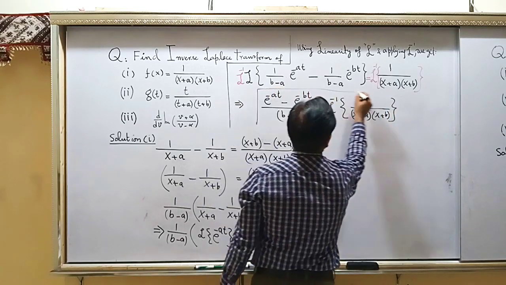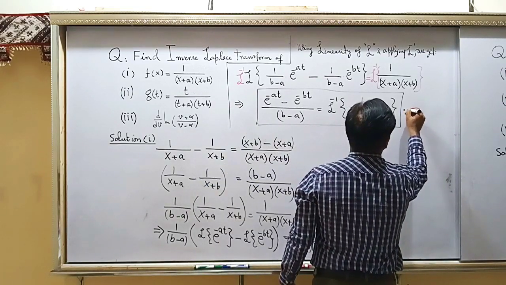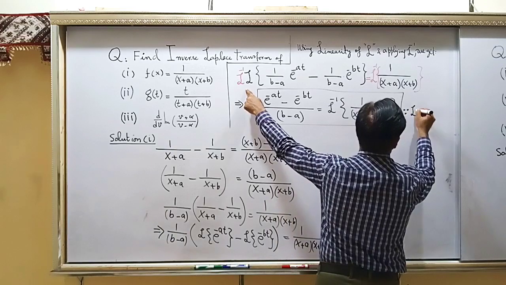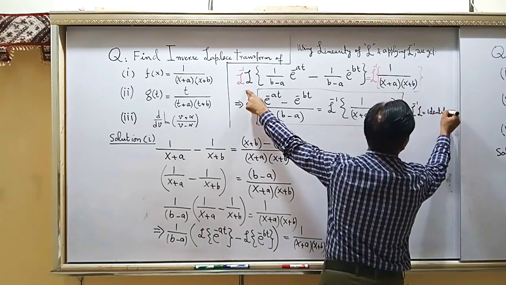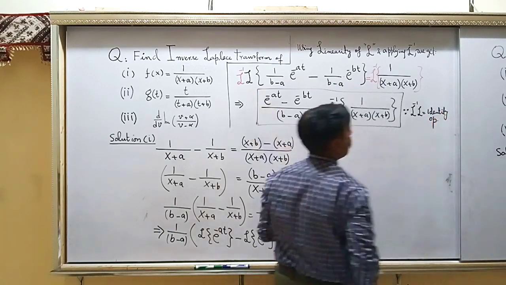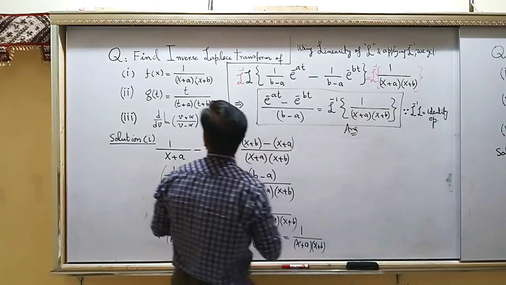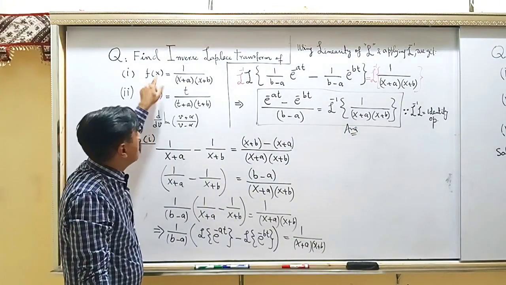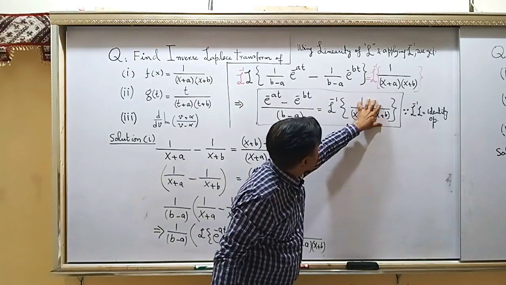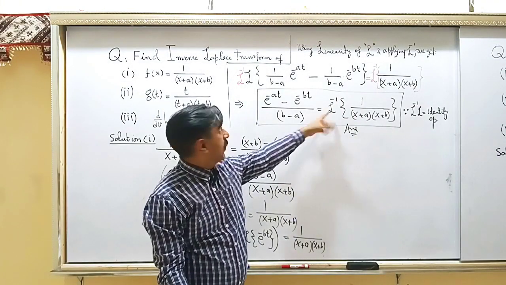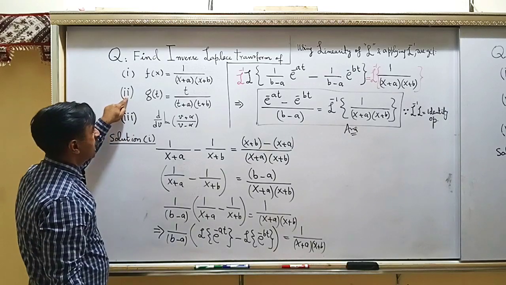So here is your answer, and you can make a reference that L inverse L is the identity operator, OP for the operator. So this is the inverse transform for question number 1. The Laplace transform was given to you, and of this Laplace transform you have found the inverse. Let's do the next question, question number 2.